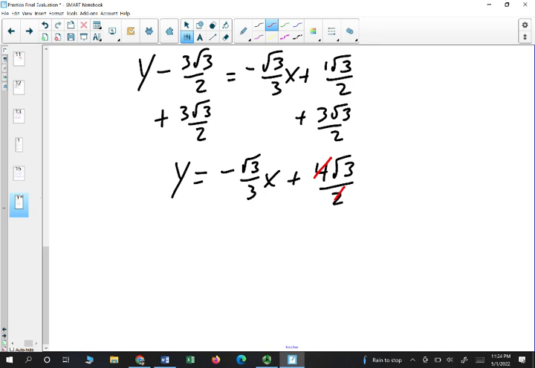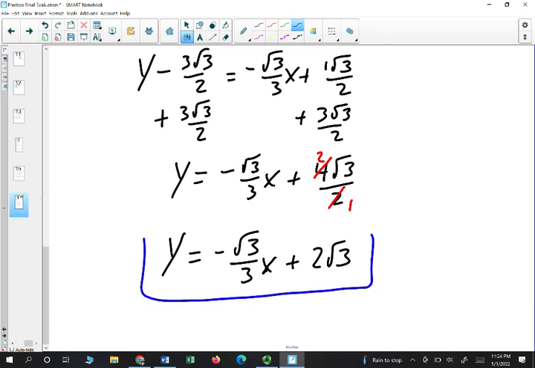And again we can reduce. So we would just have y equals negative root 3 over 3 x plus 2 root 3. And then that would be it. That would be the equation of the line tangent to the curve at the point t equals pi over 6.